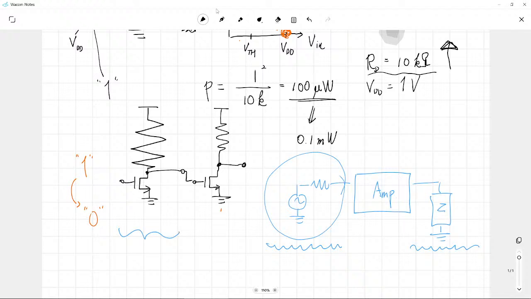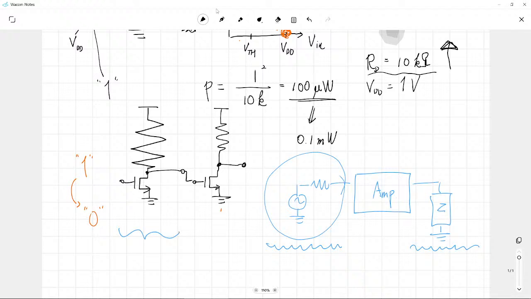Here we invert our input once, and it is inverted once again. So this twice-inverted signal is the same as the input, copied to the output. This is called a buffer. So the input is just copied into the output.